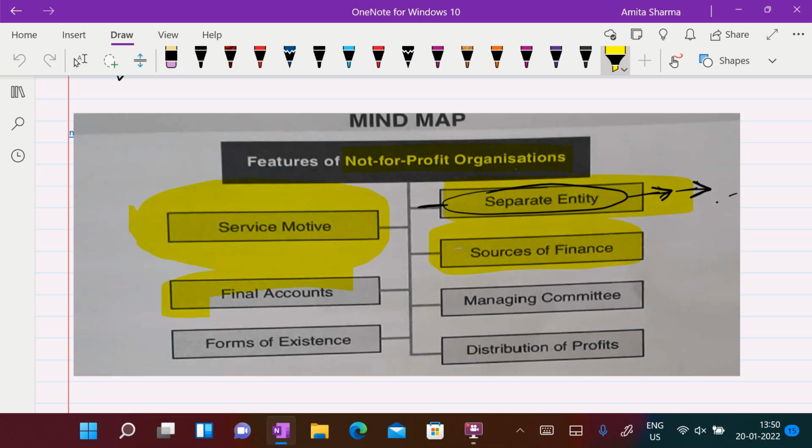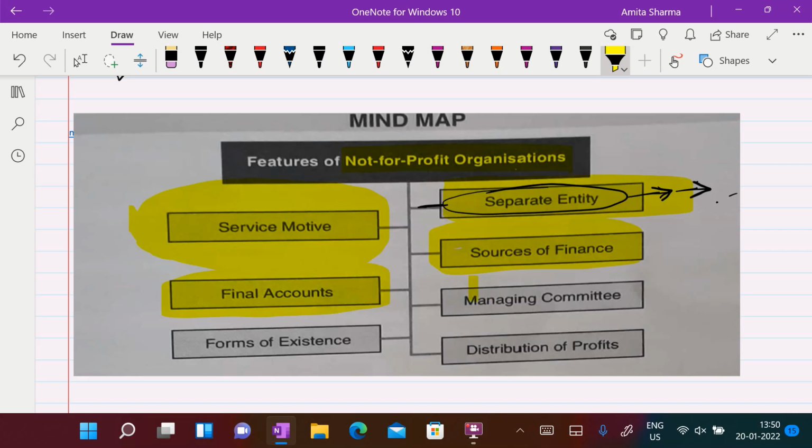Final account. Not for profit organization prepare three types of account, students. They prepare receipts and payment account, they prepare income and expenditure account, and they prepare balance sheet. And these three accounts are prepared by trustee, as I told you in the introduction of not for profit organization.